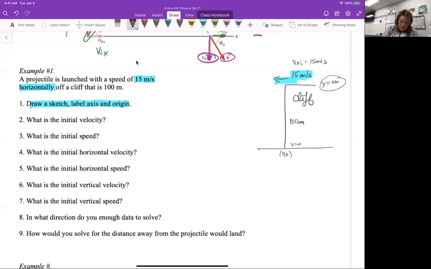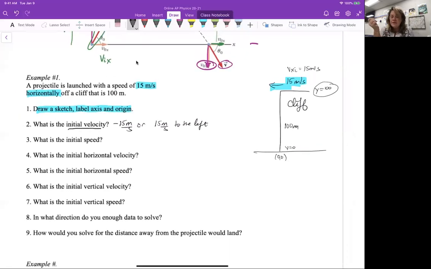Now, what is its initial velocity? Did they ask for the initial horizontal velocity? No. Did they ask for the initial vertical velocity? No. The initial velocity happens to be in the horizontal, so I can say negative 15 meters per second, or 15 meters per second to the left. What's the initial speed?